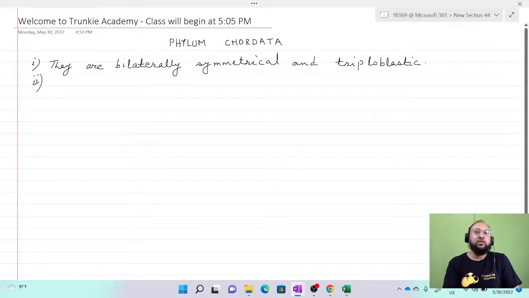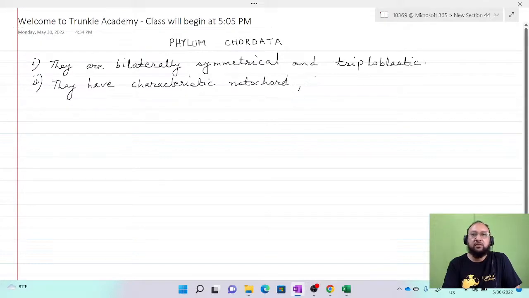Number two, the characteristic features are: they have a characteristic notochord, a dorsal nerve cord, and pharyngeal gill slits.